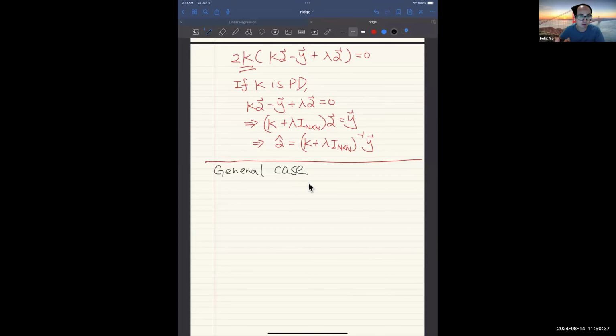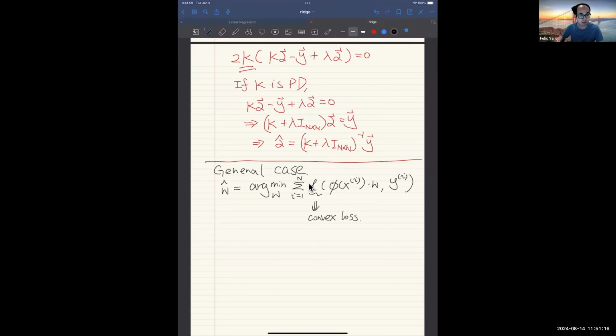if we have a feature map of phi(x), what we want to solve is W hat is the argmin over W of a summation of i from 1 to n of a generic loss function of phi(x_i) times W and y_i, for some convex loss.